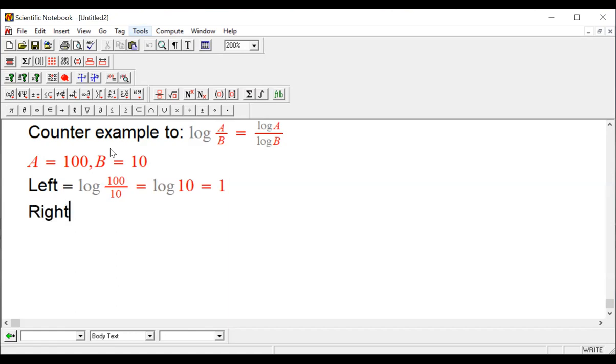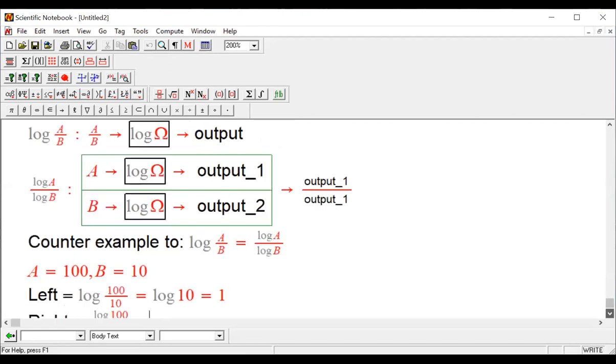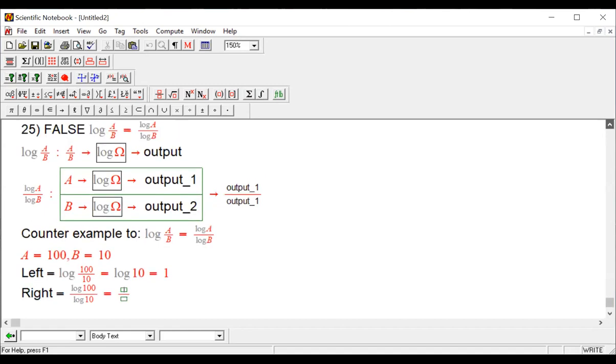The right-hand side has 100 and 10, and we follow the order of operation. The top is 2, the bottom is 1, so that equals 2. They cannot be equal.